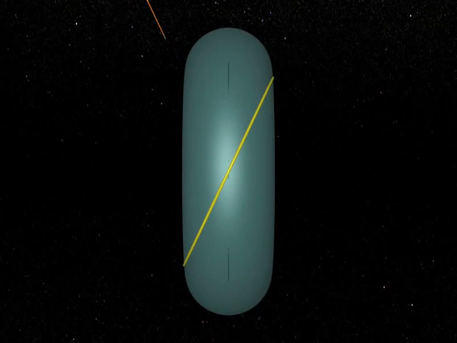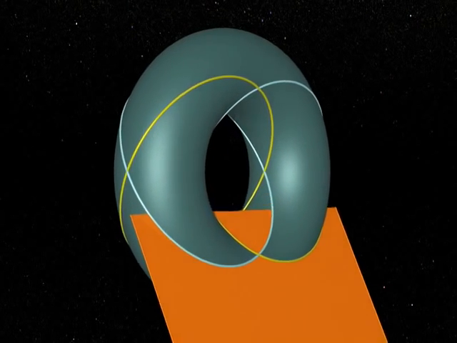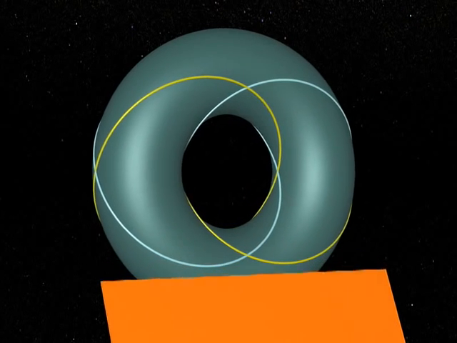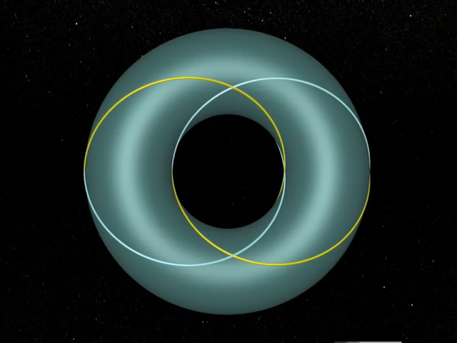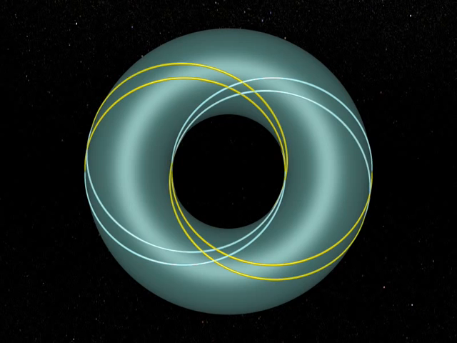Of course, there is not just one bitangent plane. Here is another one, cutting the torus along two other Villarceau circles. And one can do the same for all other bitangent planes. We just need to rotate around the axis of symmetry.